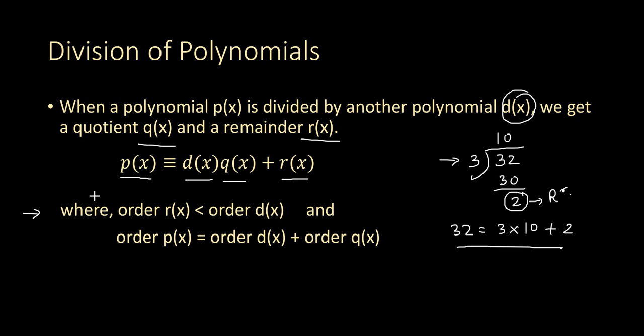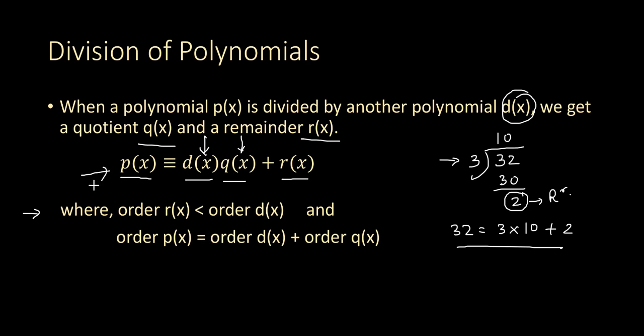So one thing is this, that order of remainder must be less than divisor, and second is that resultant order of px is a multiplication of divisor and quotient, so their order will be the addition of the order of divisor and quotient, because this divisor and quotient, they are multiplying to each other.